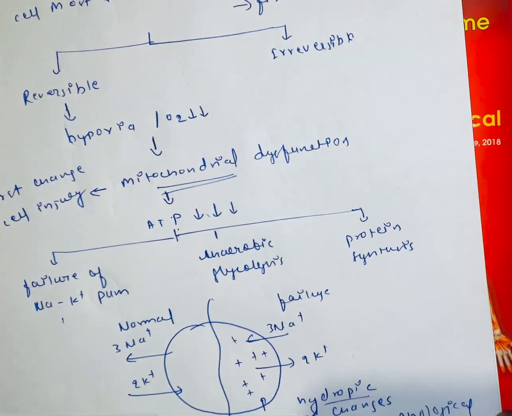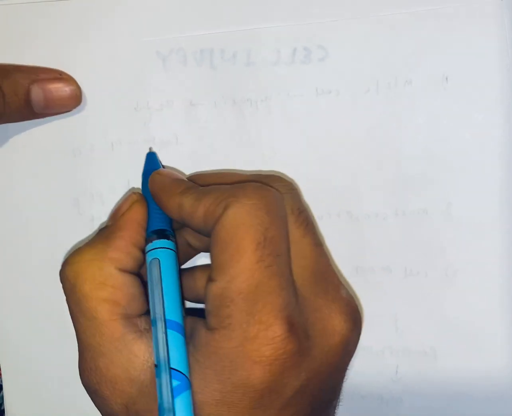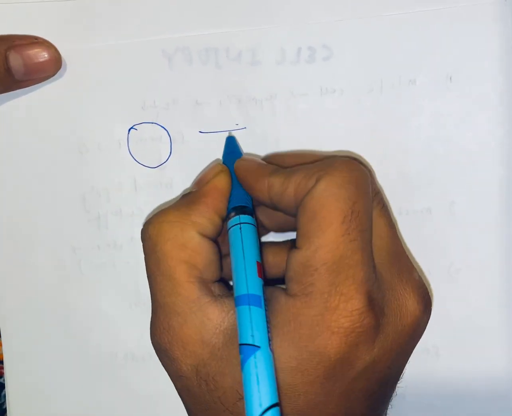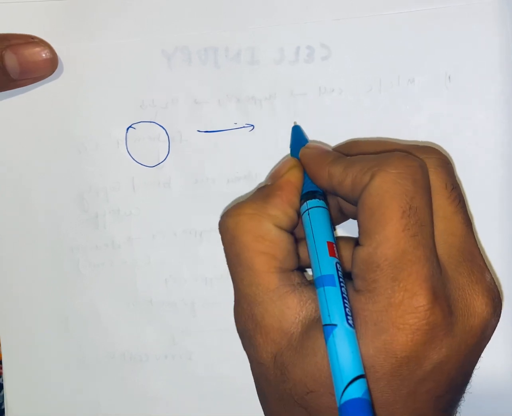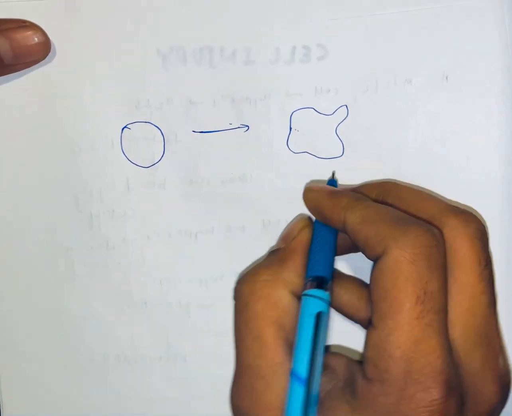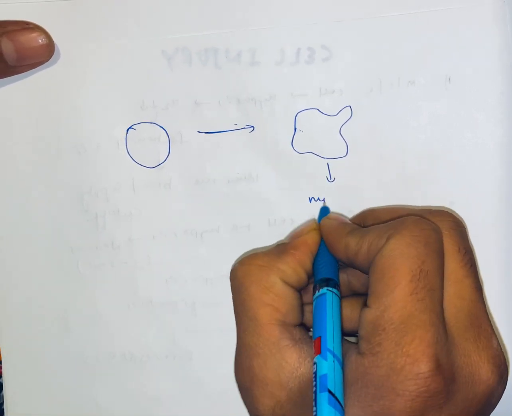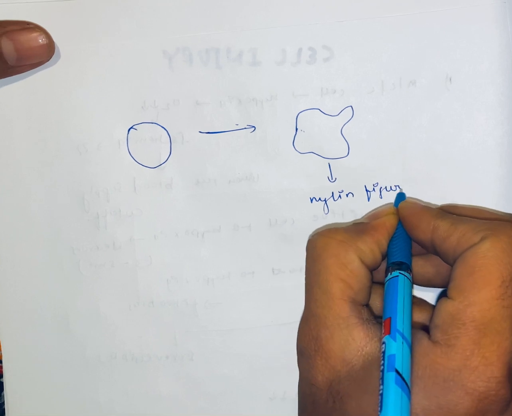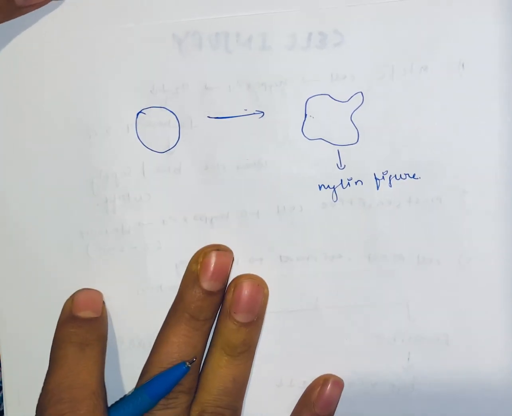So when water keeps coming inside, the cell, which is round, starts making bulb-like structures, and these are called myelin figures.